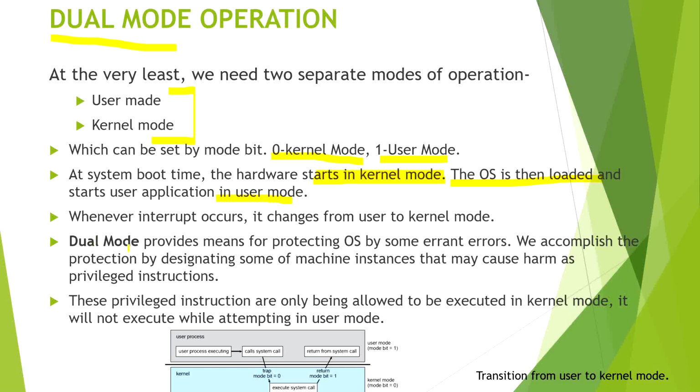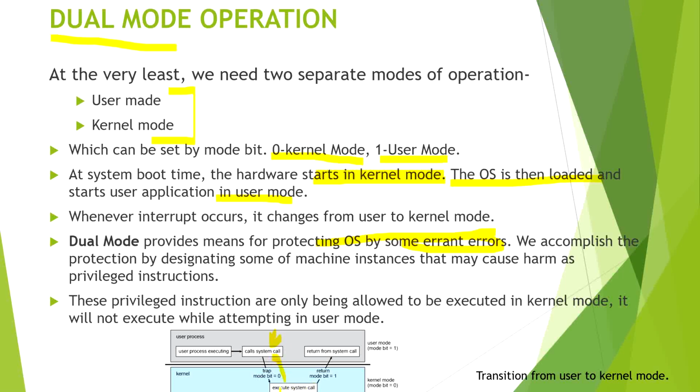So what is the significance or importance of dual mode? It helps in recovering from errant errors. Like in normal execution, if a user process is executing, a simple application program is carrying on, then at the time of a system call it will switch to kernel mode.